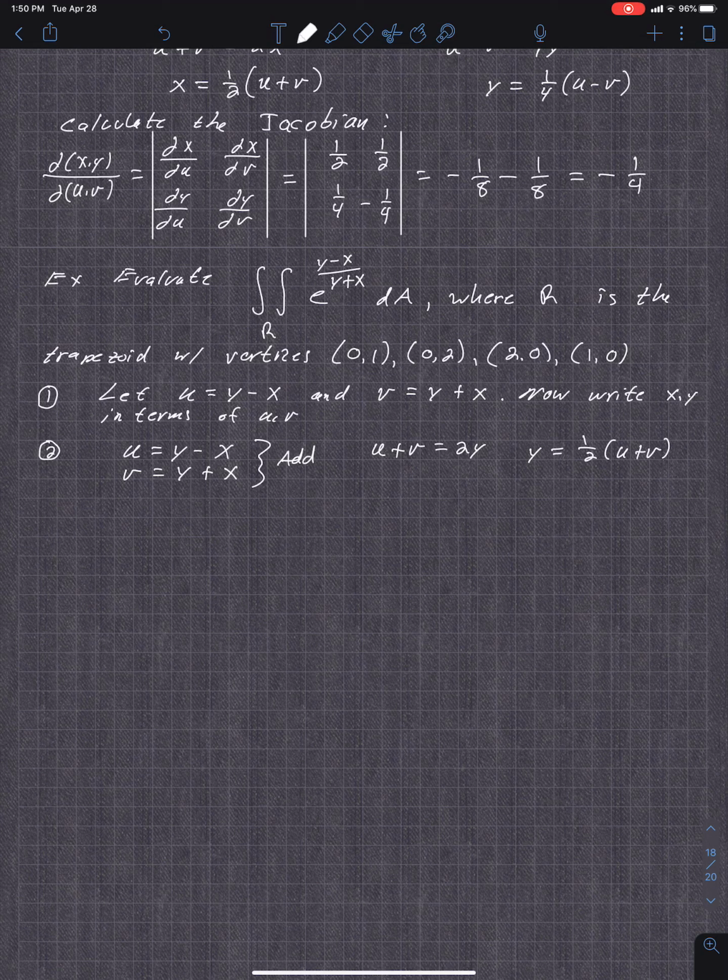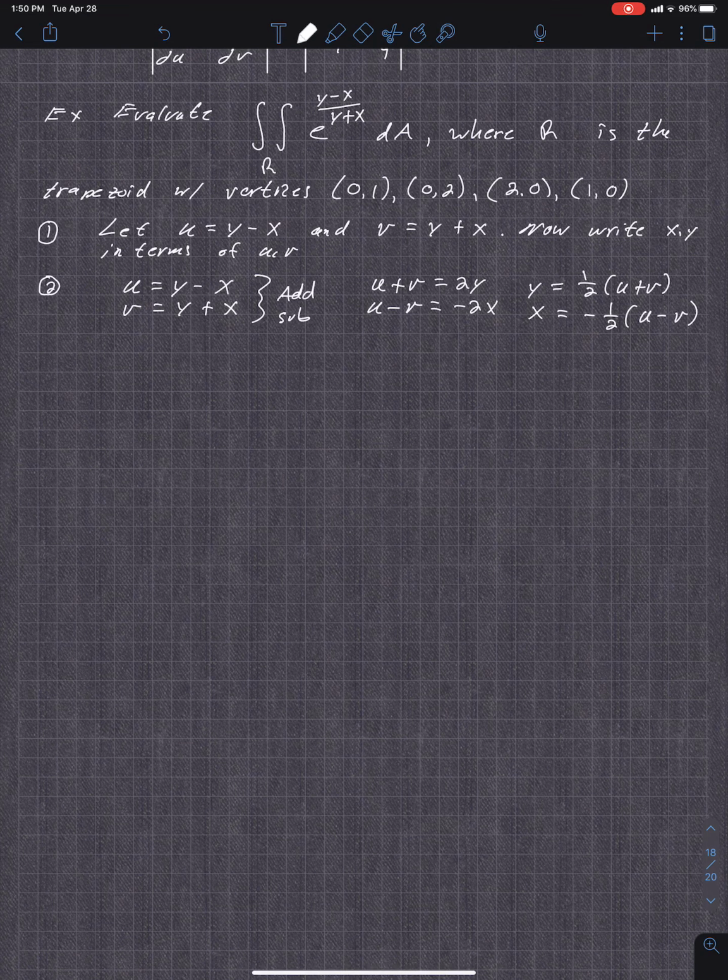And then you can subtract those, and you'll have u minus v equal to negative 2x. So you'll have x equal to negative 1/2 (u minus v). And you can rearrange or distribute that as desired. It doesn't really matter right now because you're going to just do the partials anyway.